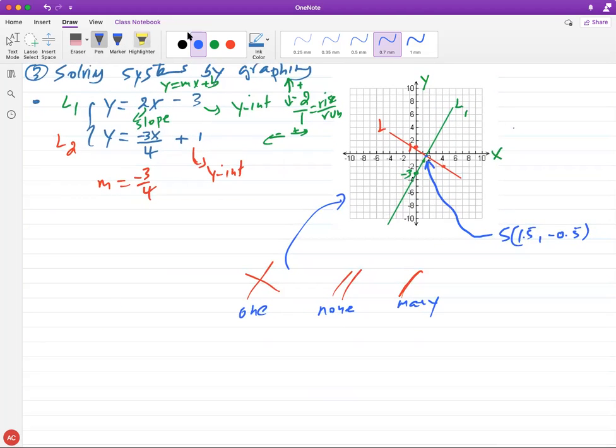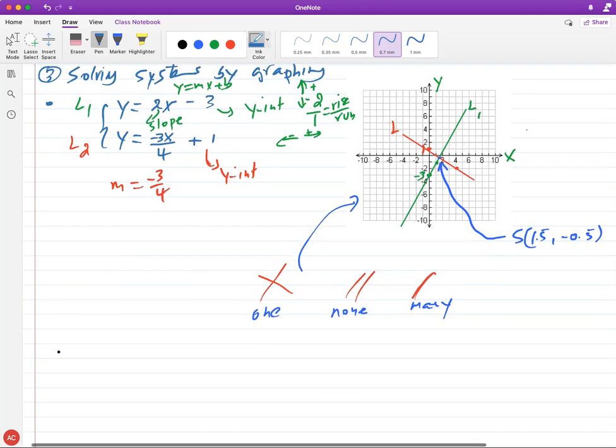Let's do another example where the lines are not in this form, not y by itself, but we have y and x on this side and a number on the other. We're going to see how to solve that using graphing.